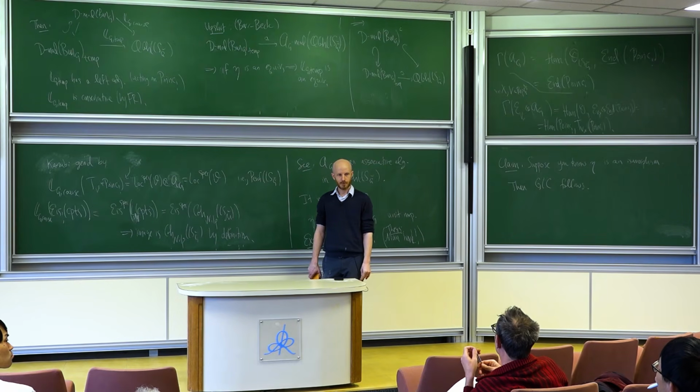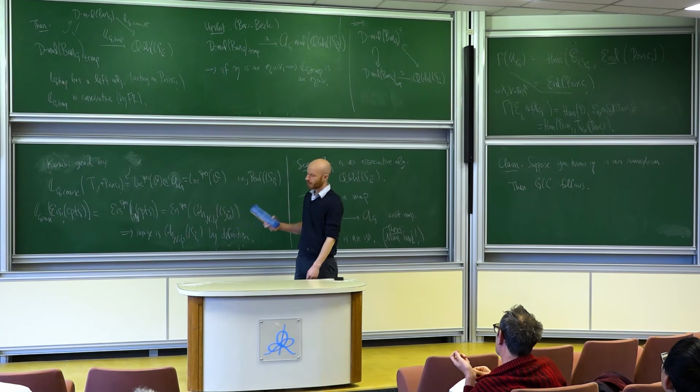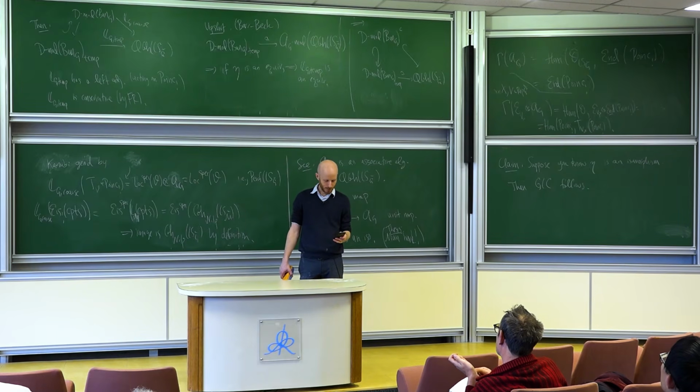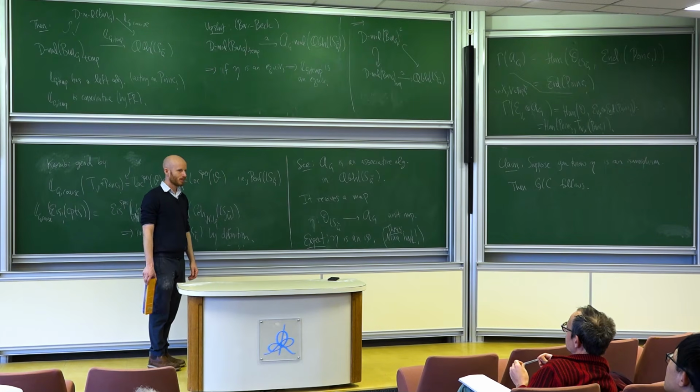You don't have this problem in the D-module setting. So is this already visible in what you told us today? It's not visible in what I've told you today. I think if I had 20 minutes, I would be able to explain that, but maybe I'll put it off until Monday. I want to explain the miracles of the de Rham situation.